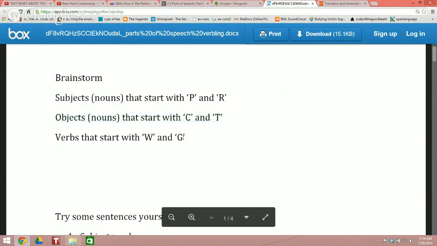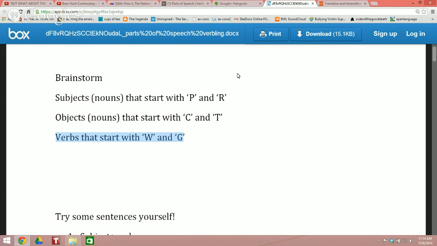So, passing nouns, let's talk a little more about verbs and get some examples with W and G. Adela, can you give us any verb examples starting with W or G? Win and go. Excellent. Alejandro, give us some verbs that start with W and G. Gave?